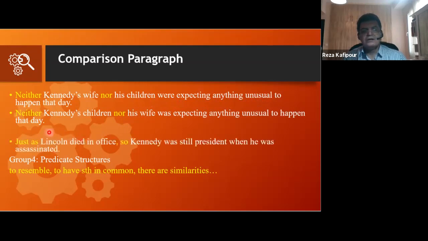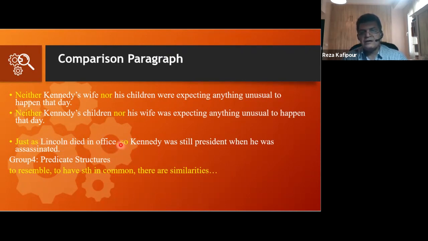So the other structure in the correlative conjunction group is the use of just as so. So let's see here. Here we are going to compare Lincoln and Kennedy based on their death in presidential office. We want to say both of them died in their office. So how to say it?